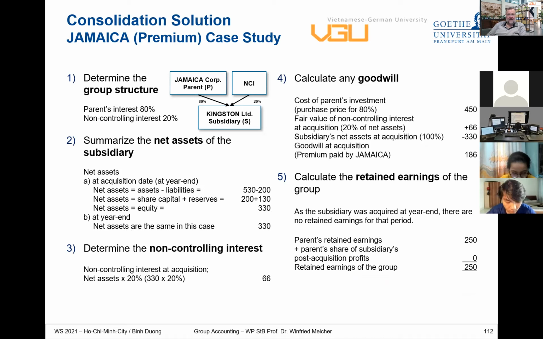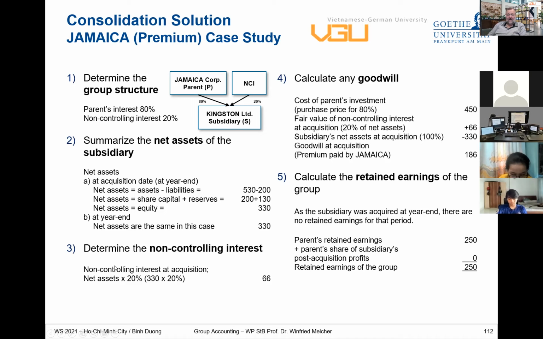If, for instance, the company was bought in the middle of the year, like the 1st of July, then of course you have half a year as the so-called post-acquisition period. During that period, the company would produce profits, and in the end, you have to allocate those post-acquisition profits to the retained earnings of the parent. But we will come to that.